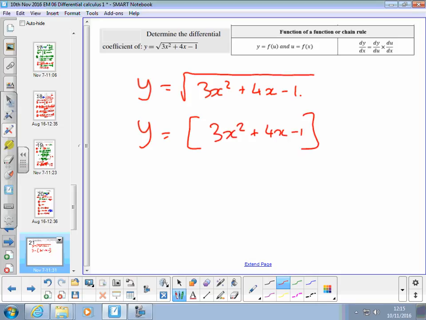Close the brackets, and how do we make it a square root? We raise it to the power of a half. So there's one function, and the function being applied to that function is a square root. So what are we going to let u equal here? Let u equal the function inside, and so on.